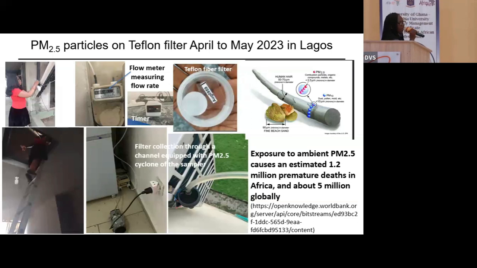And so sometimes, because this depends on electricity, the power might go off, so it might not collect for the complete 24 hours. And so the timer will tell us when the light went off and when it came back. So we'll be able to record and know the exact number of hours.